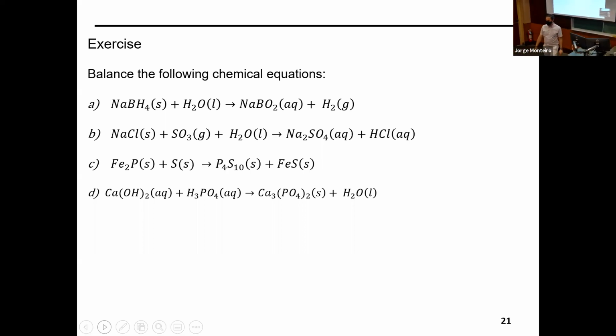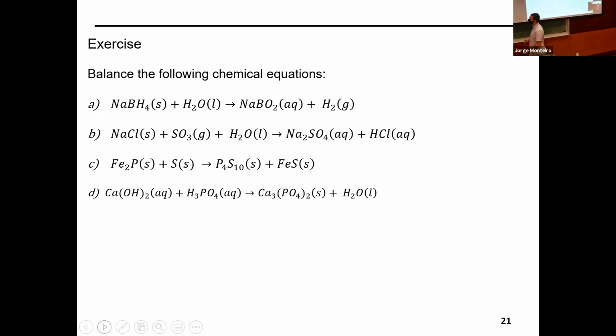Okay, so let's start with the first one here. So when we have more complex chemical reactions, what I like to do to start with is to look at the element that's present in only one reagent and only one product.